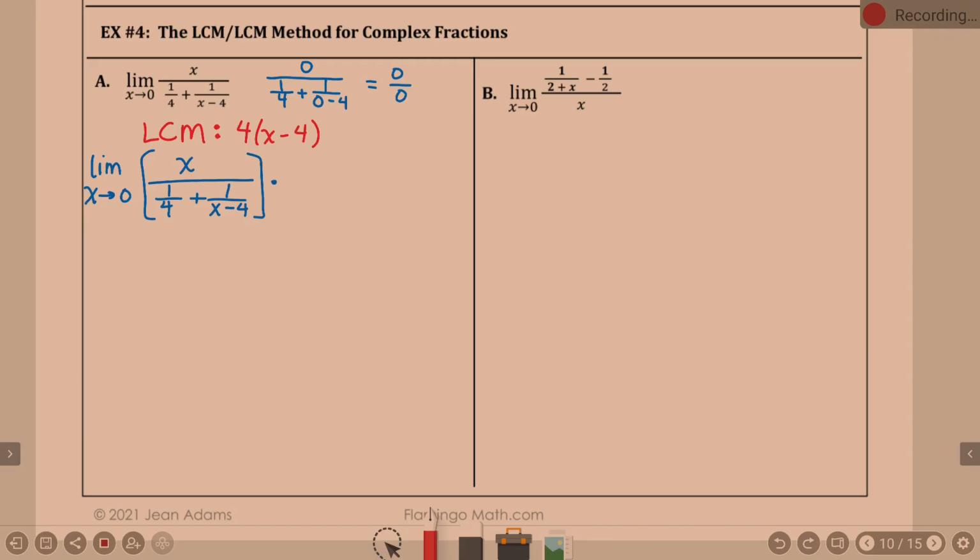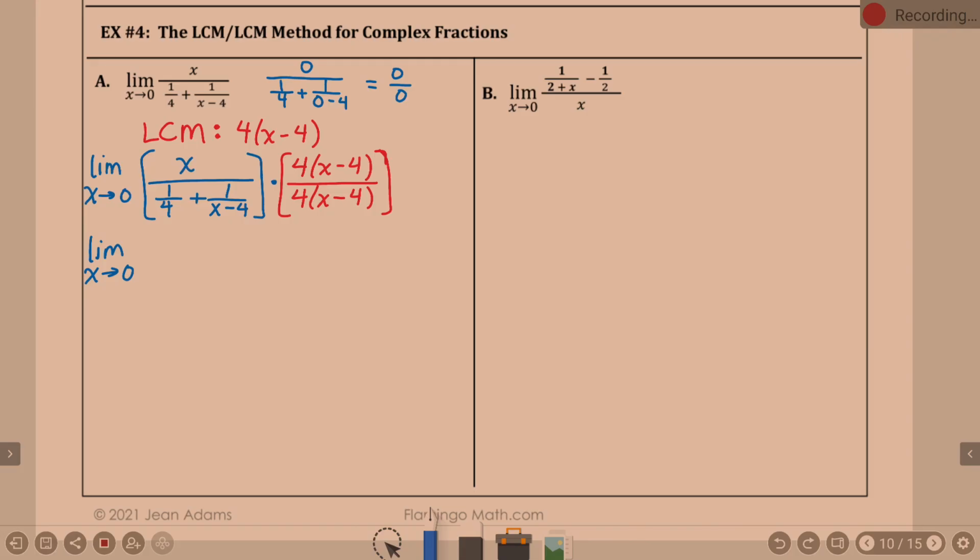So we multiply by 4 times x minus 4 over 4 times x minus 4. We can do this because we're multiplying by a fraction with the same numerator and denominator, so we're multiplying by 1. We're not changing the value of the expression. I haven't plugged anything in yet, so I still need to write the word limit out front.